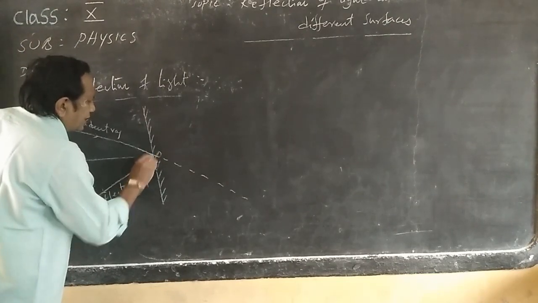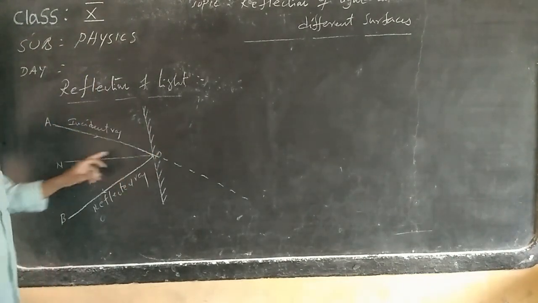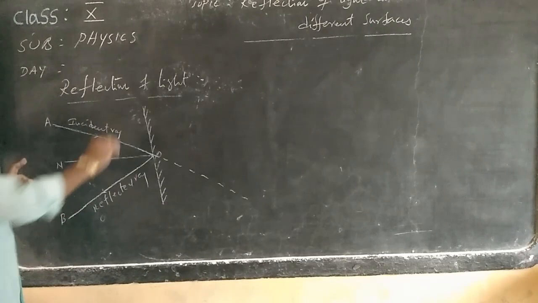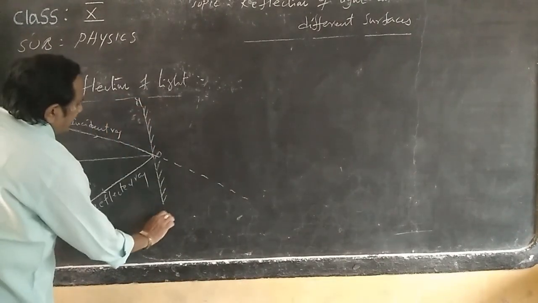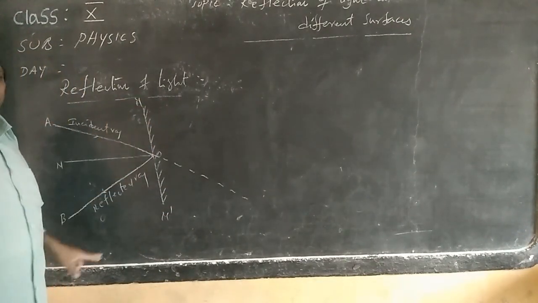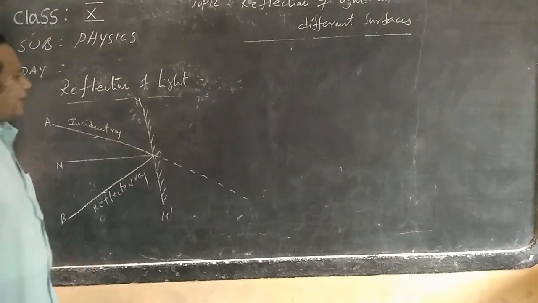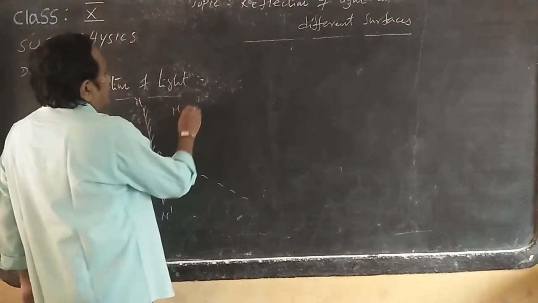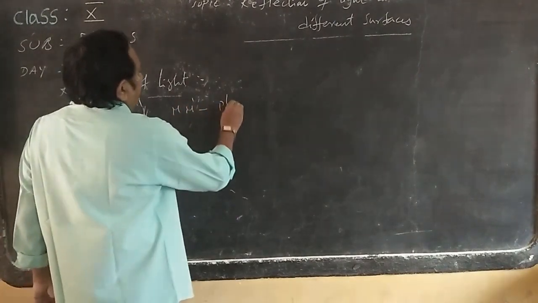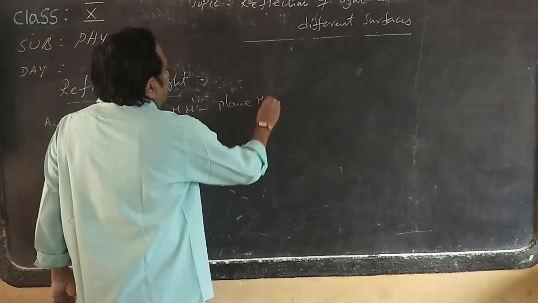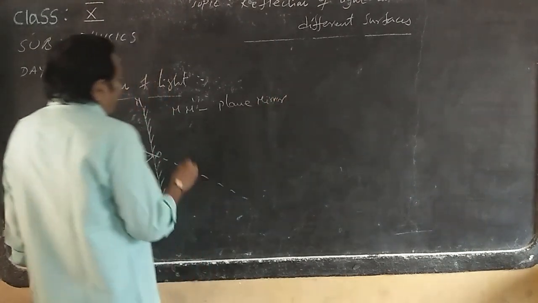Remember that. ON is the normal. And here M dash is considered a plane surface or plane mirror, whatever you say. So remember, M dash is a plane surface or plane mirror.